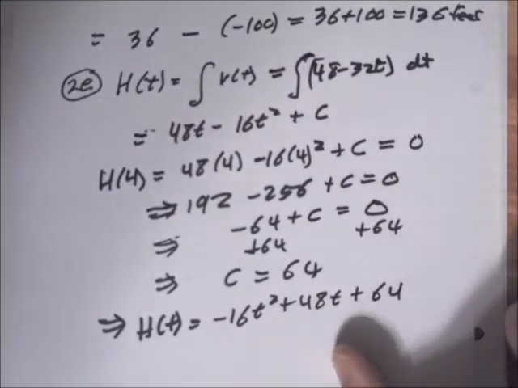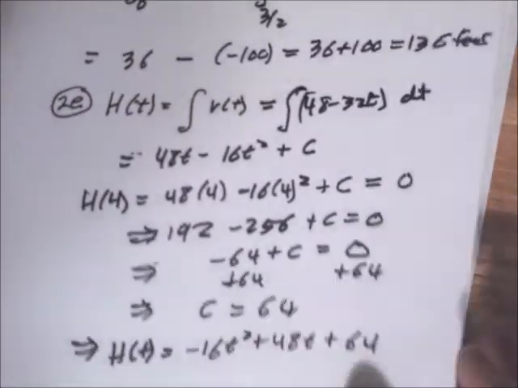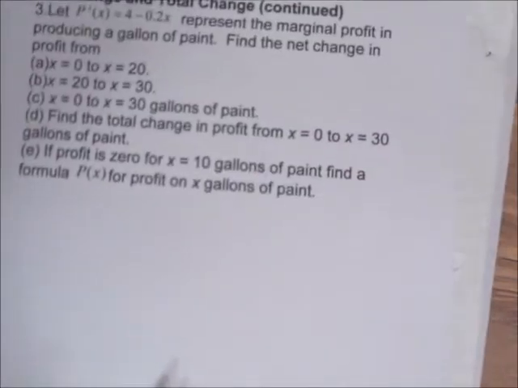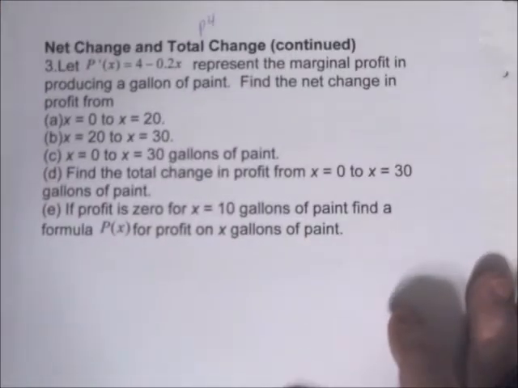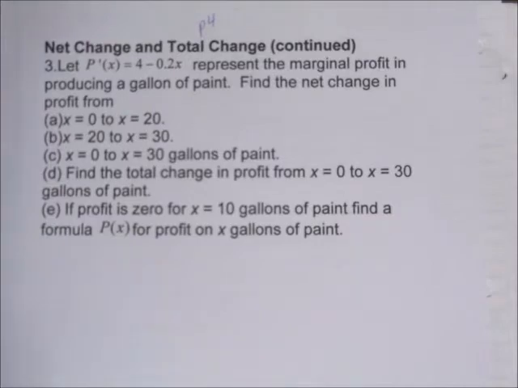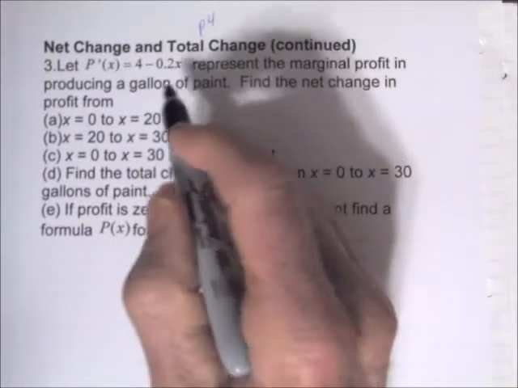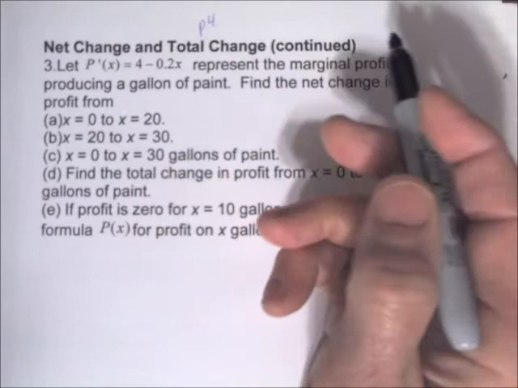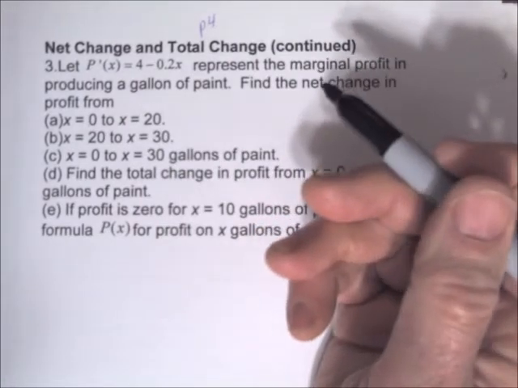Okay, another example. The first two examples involved velocity. This one does not involve velocity. P prime of x is 4 minus 0.2x, representing the marginal profit in producing a gallon of paint.